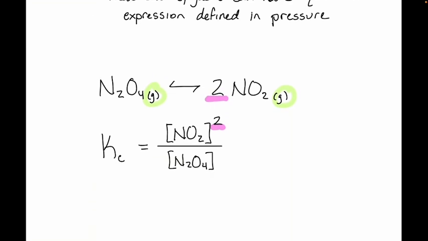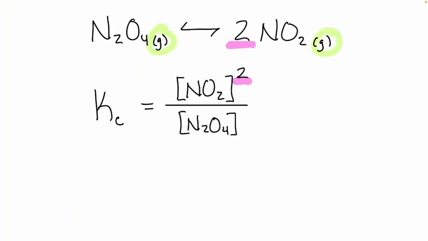And so this reaction here, the first one that we did, involved only gases. So we could either give the Kc for that reaction in terms of concentration, or equivalently we could give the Kp, which follows the exact same rules, but now we're talking about the pressure of my product over the pressure of my reactant.